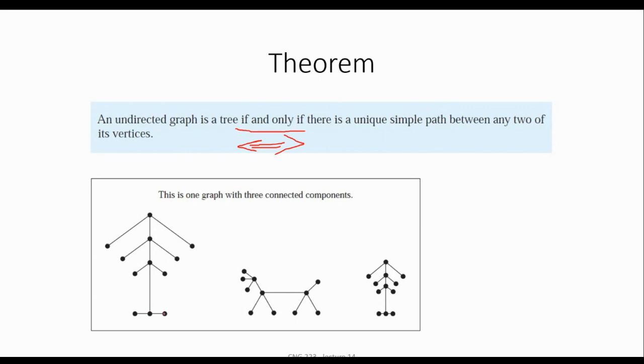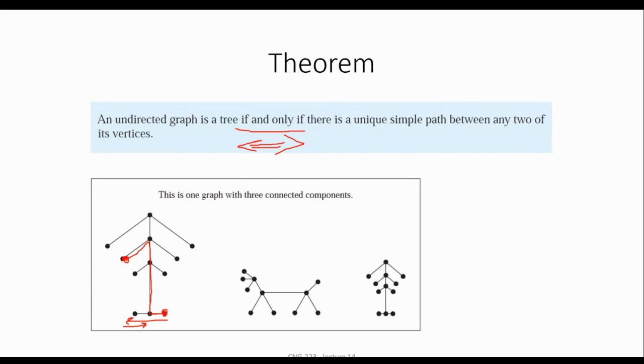So, for example, from this point to this one, there should be a unique path so that we will reach it. And I don't consider, for example, going somewhere and getting back, right? So if you don't consider that, there should be just one path to reach it.